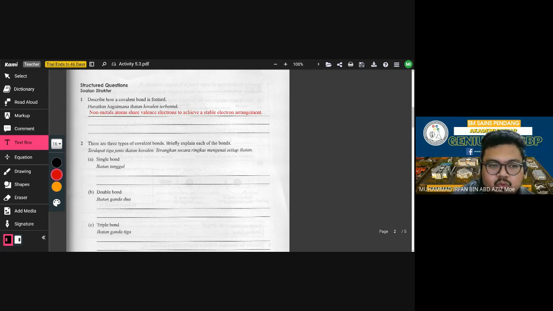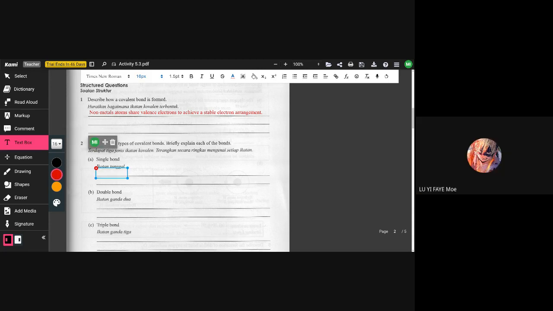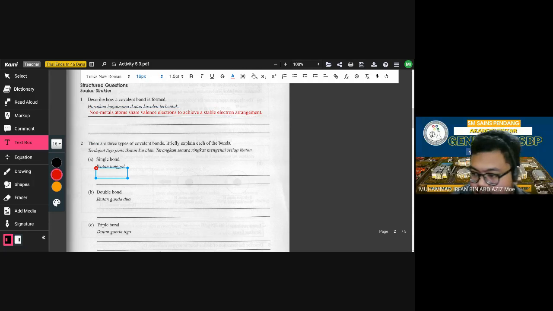Okay, number 2. There are 3 types of covalent bonds. Briefly explain each of the bonds. So how does a single bond form? Two electrons.